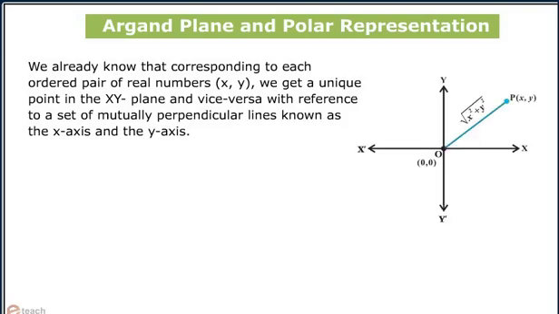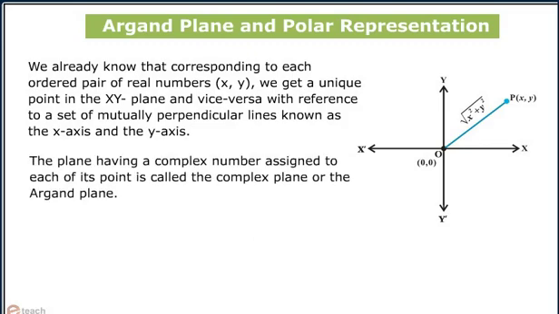The complex number x plus iota y, which corresponds to the ordered pair x, y, can be represented geometrically as the unique point P(x, y) in the xy plane and vice versa. The plane having a complex number assigned to each of its points is called the complex plane or the Argand plane.